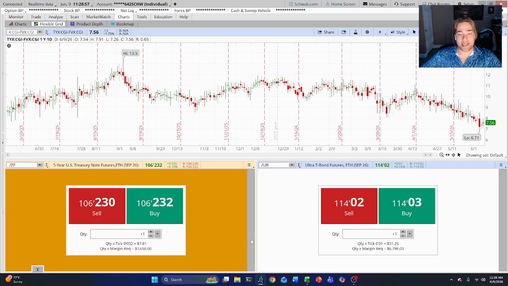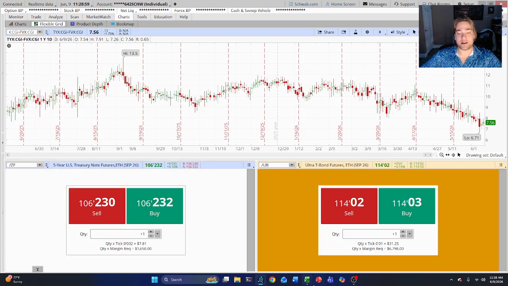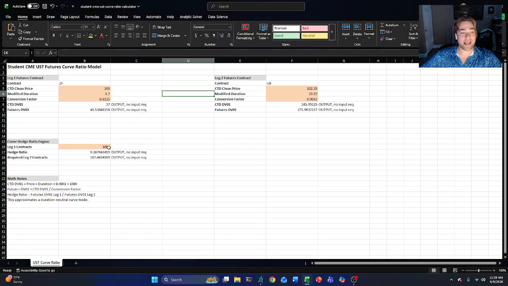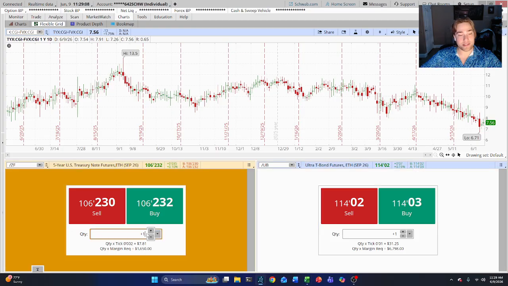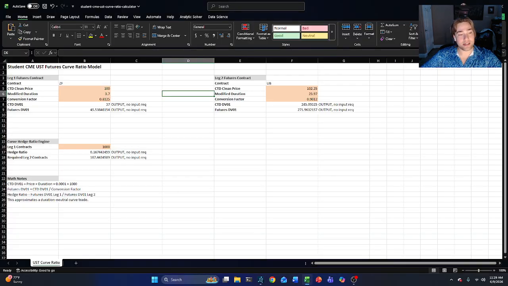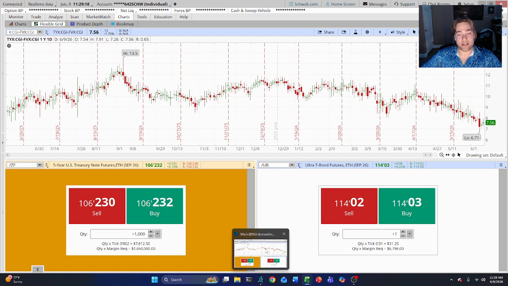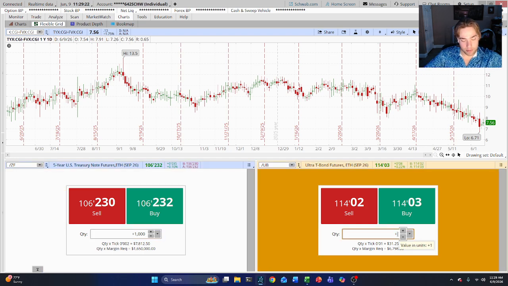And to make this clean, you need to make sure, if in our example I wanted to long 1,000 for a steepener of this, so I would be buying these, I would have to, let's get our ratio here, let's do 168. The more contracts you do, the cleaner the math is.